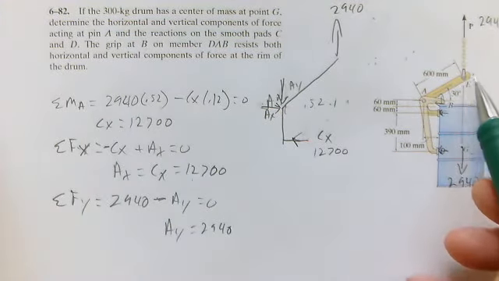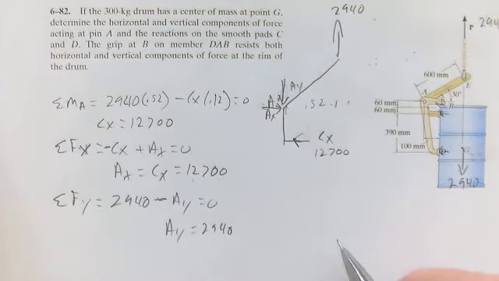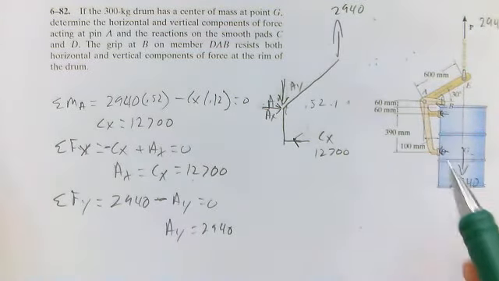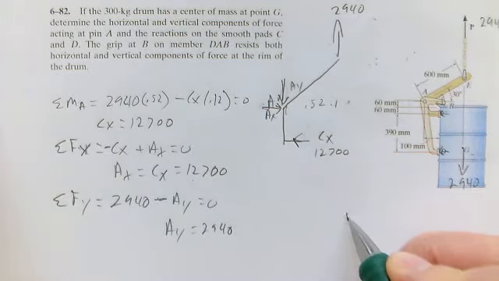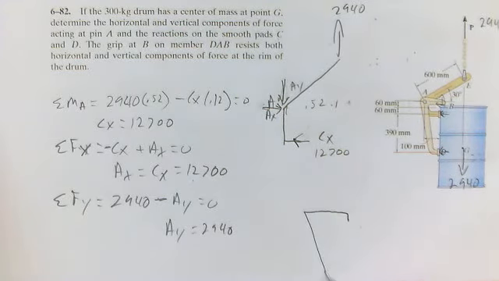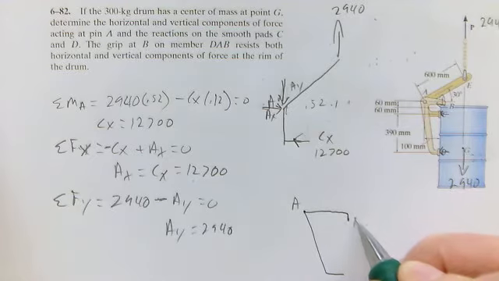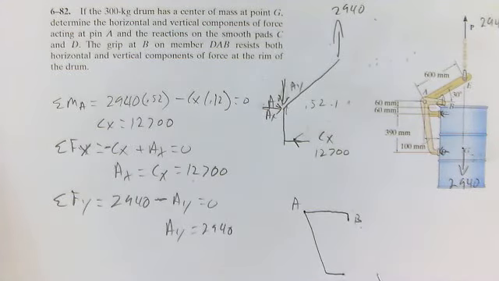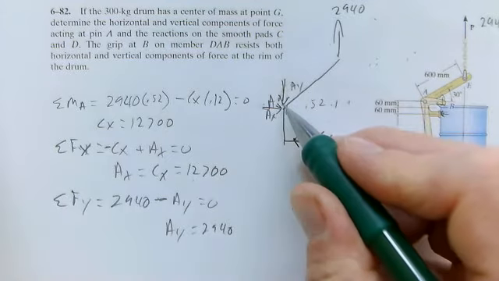So now we're going to solve BAD. Let's draw that out over here. So if I draw BAD, I got something that kind of goes up like this. Here's point A, here's point B, and here's point D. So A has, now these are going to be equal and opposite there.